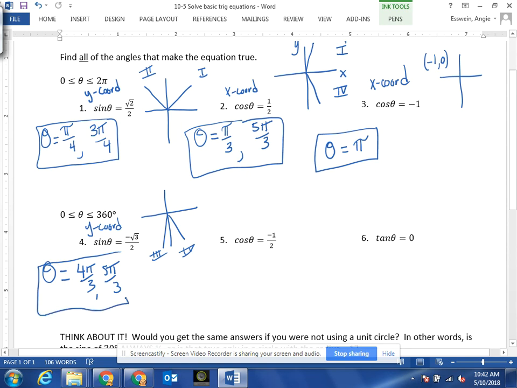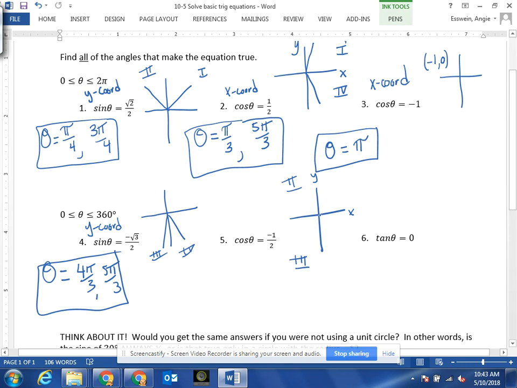So far, so good. Cosine is negative in quadrant... The x-coordinate is negative in quadrant 2 and 3, right? Because you go to the left on the x-axis.